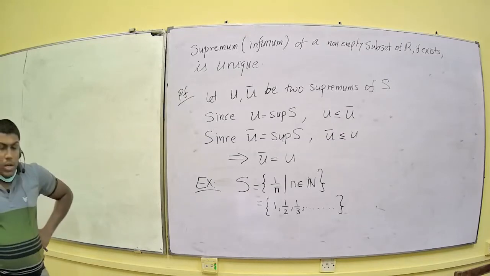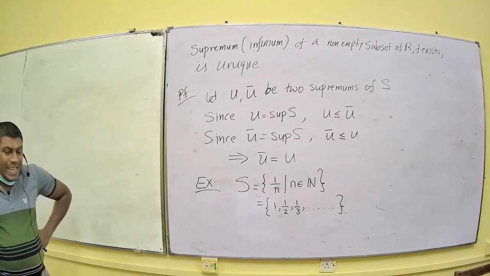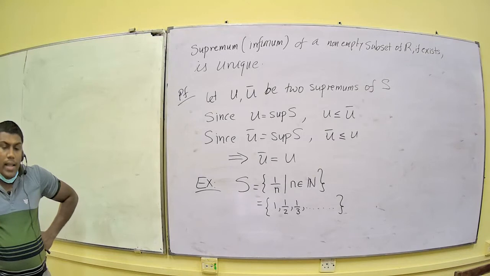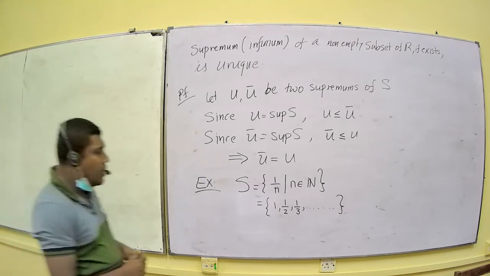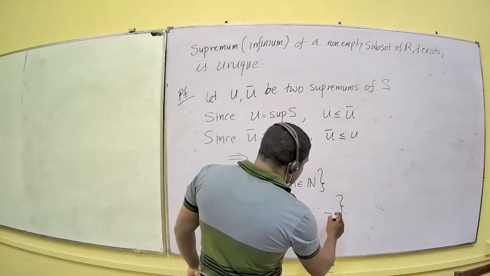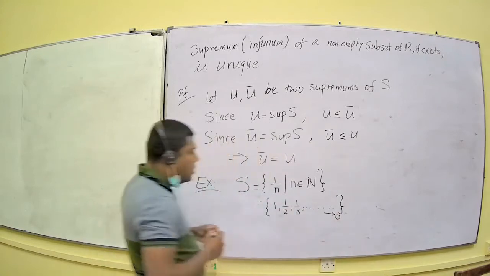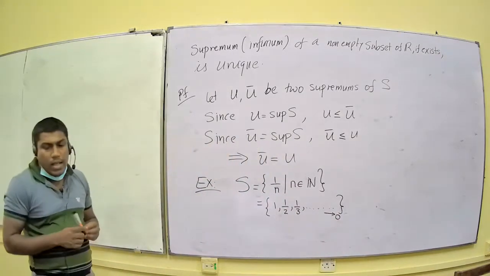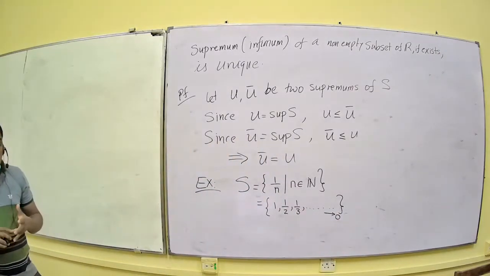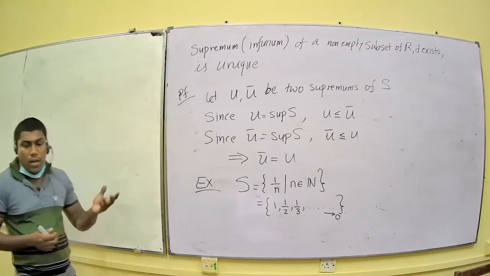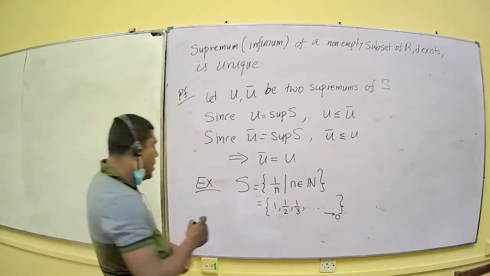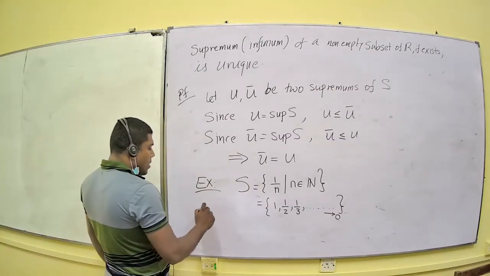Okay. So you can eventually see that all the numbers in the set lie in between 0 and 1. You can see that this actually goes to 0 but not 0. So you can clearly see that.